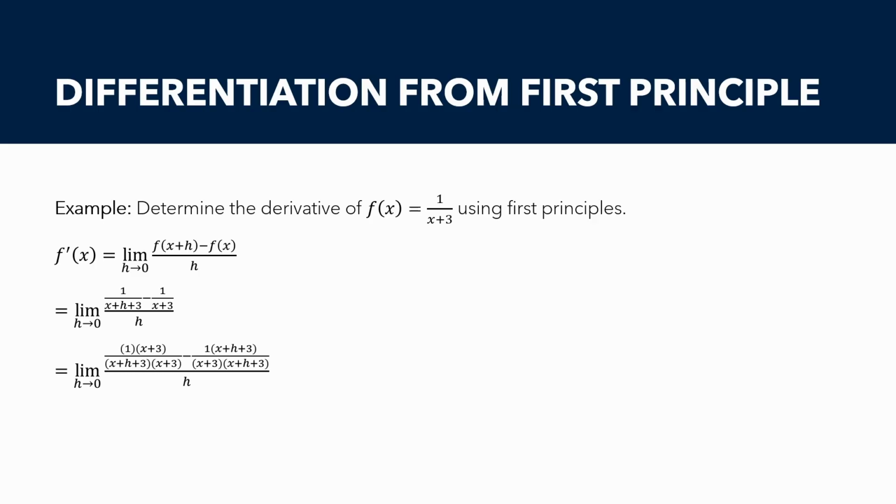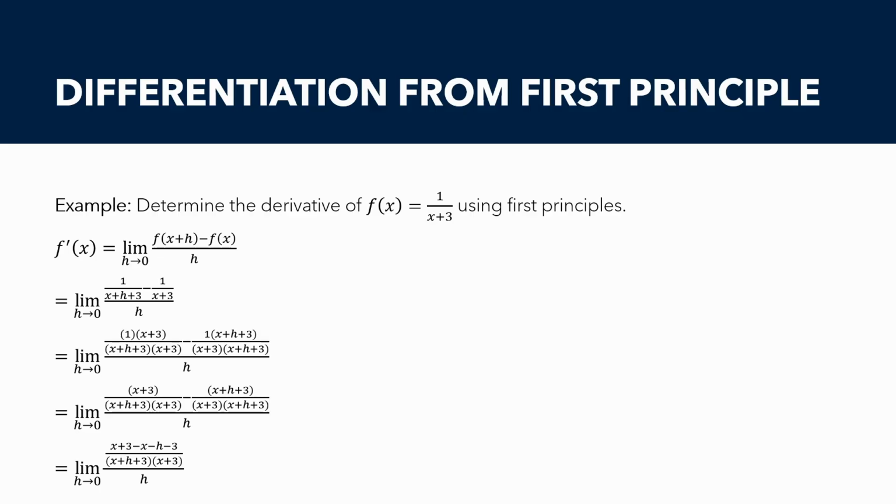And simplifying that numerator a little bit better, I get x plus 3 over x plus h plus 3 multiplied by x plus 3, minus x plus h plus 3 over x plus 3 multiplied by x plus h plus 3, all divided by h. Now, if I look at my numerator, I can see that both have the same denominators, and mathematically we know that means that we can subtract the numerators, because the bases are the same.